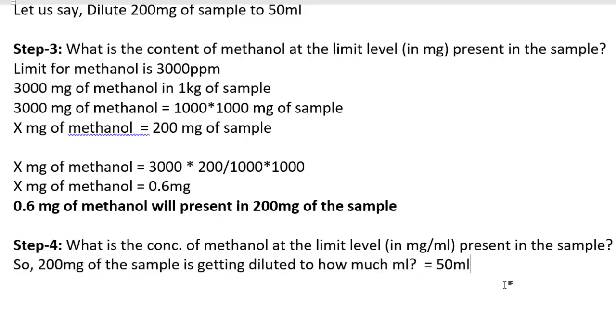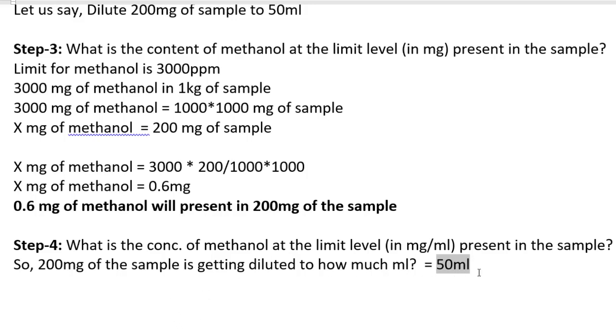So what is the content of methanol at the limit level in 200 mg of the sample? Look at here, 0.6 mg, right? So can I say that if the sample is getting diluted to 50 ml and the sample contains 0.6 milligram of methanol, now tell me at what volume this 0.6 mg of methanol will also get diluted?